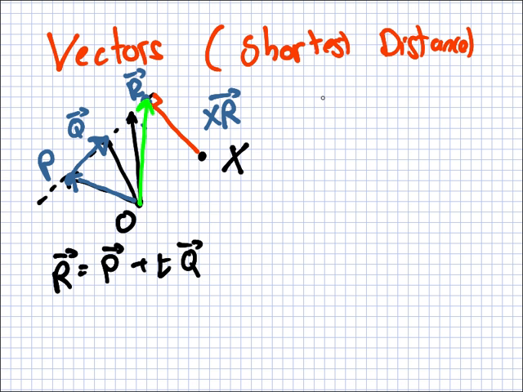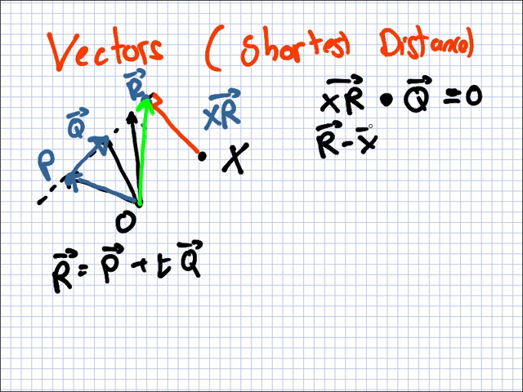And what you notice is that XOR is perpendicular to Q, so the dot product of the two vectors equals 0. XOR dot Q equals 0. So that means OR minus X dot Q equals 0.